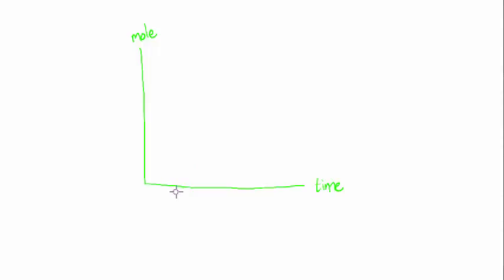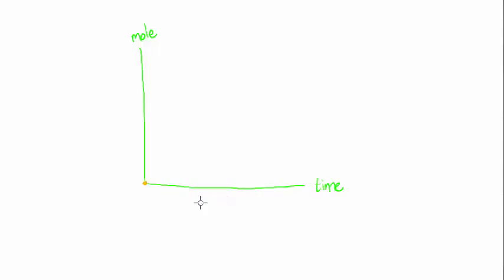Okay, let's start with the products because it's easy. Initially, how much product will I have? Nothing. I don't have any product. Product is what I'm trying to produce. So at time 0, I have no products.